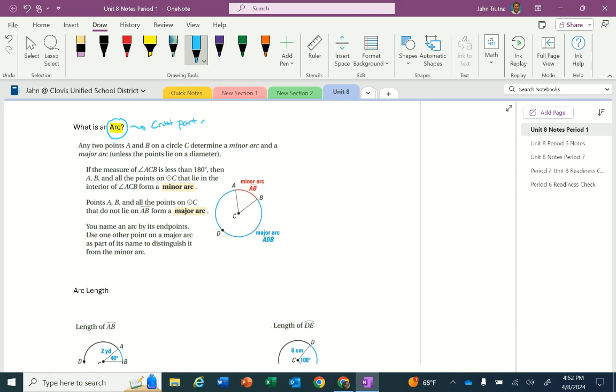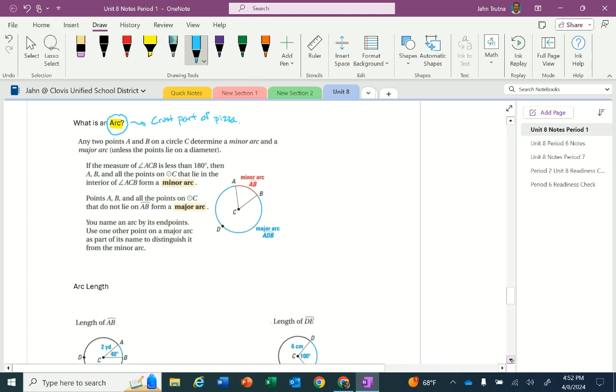So if you thought of a pizza and you just took away everything except for the crust, you're looking at the arc of the pizza. If you think of a circle as pizza, the arc from A to B would be just that part of the crust of the pizza, okay?